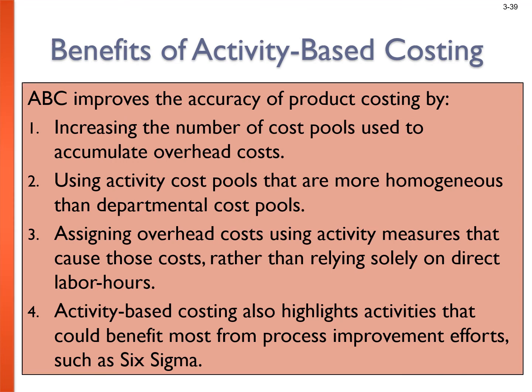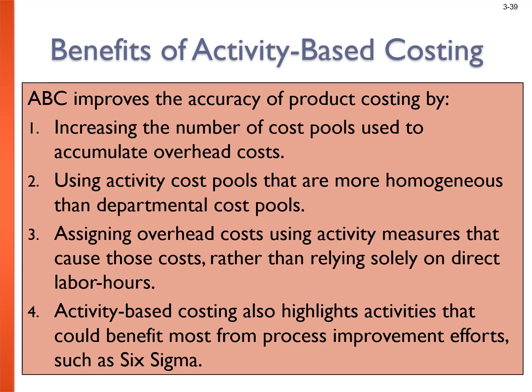Some of the major benefits of activity-based costing, well, you've seen some of them. Increasing the number of cost pools used to accumulate overhead costs improves the accuracy of product costs. It uses activity cost pools that are more homogeneous than departmental cost pools, so like activities are grouped together and the costs associated with them.